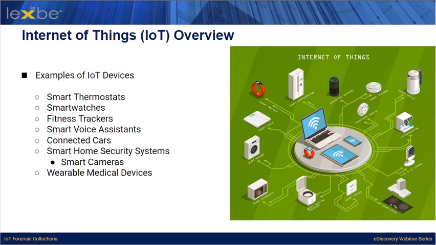These can include your smart thermostats, being able to set the temperature of your house at certain times and have it just do it on its own, basically, with minimal input after everything's all set up. Your smartwatches are considered Internet of Things devices, and smart fitness trackers.